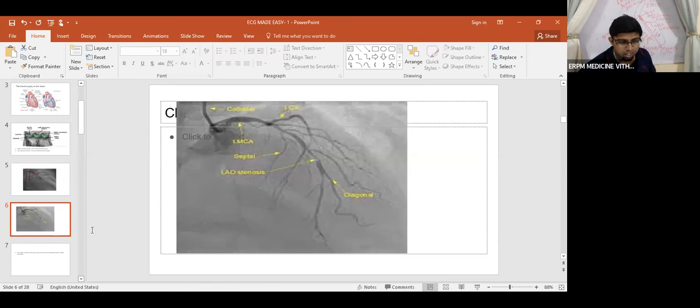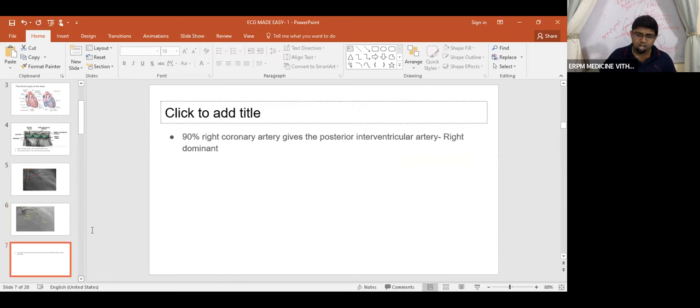Now look here. Majority of the time, as I told you and as I have shown on the blackboard, the posterior interventricular artery starts from the right coronary artery. In other words, 90% of the time it is the right coronary artery that gives the posterior interventricular artery.